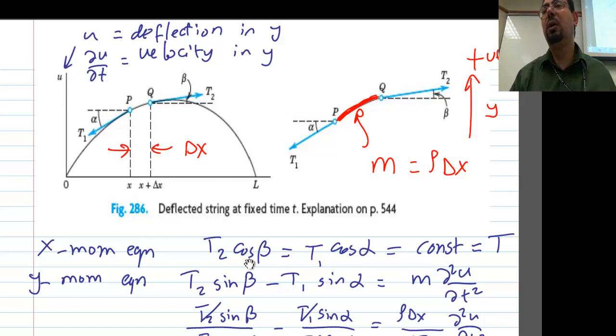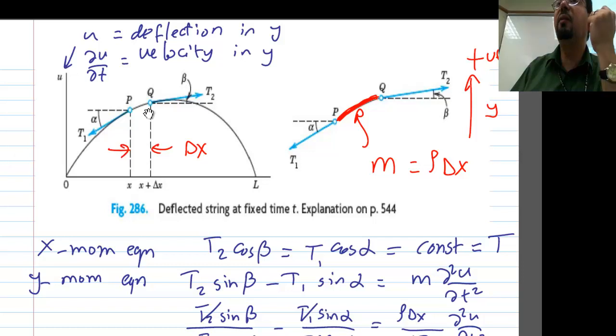Therefore, the forces in the x direction should be balanced. Otherwise, the wire will end up going like this. So what are the forces? T2 cosine beta, the slope here. T1 cosine alpha, the slope over here. Those must be constant. Let's call it T. So T is the tension in the horizontal direction.